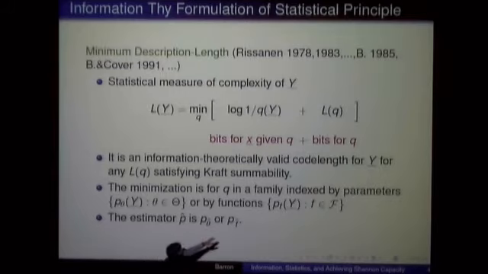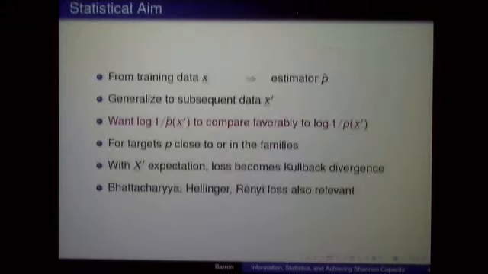Or maybe you're trying to learn some functions, and then there's the issue of, well, how do you discretize the parameters of that function, or do you do it by some Kolmogorov means, either by his metric entropy or by his complexity theory. So that gives a lot of freedom for how you're going to describe possible coding means. And then the question then is, what will be the behavior of the estimator that achieves that minimum?